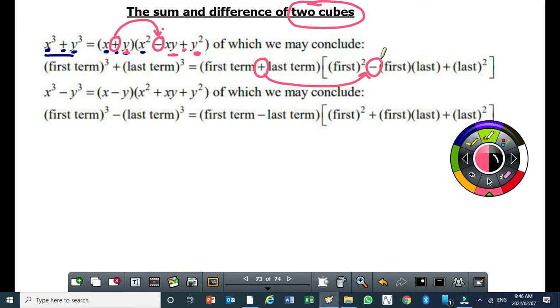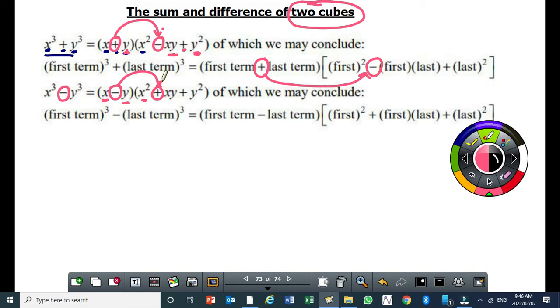Okay? Now, the same concept applies to a difference of 2 cubes. First term minus the last term times the first term squared. If there is a minus here, then you put a plus there. Okay? The middle term will be the first term times the last term.